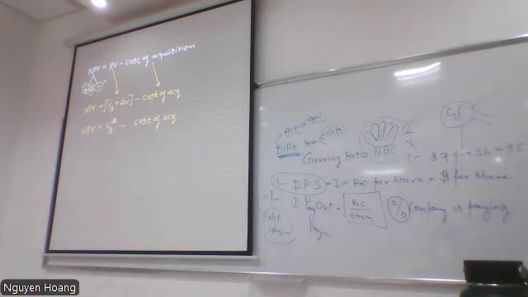So we can combine them all together. If you combine all together, value of AB, means after the acquisition, equals value of A plus value of B asterisk minus cost of acquisition.